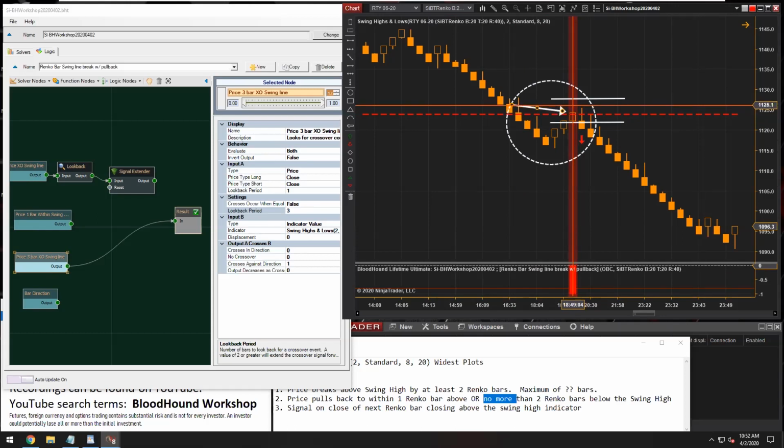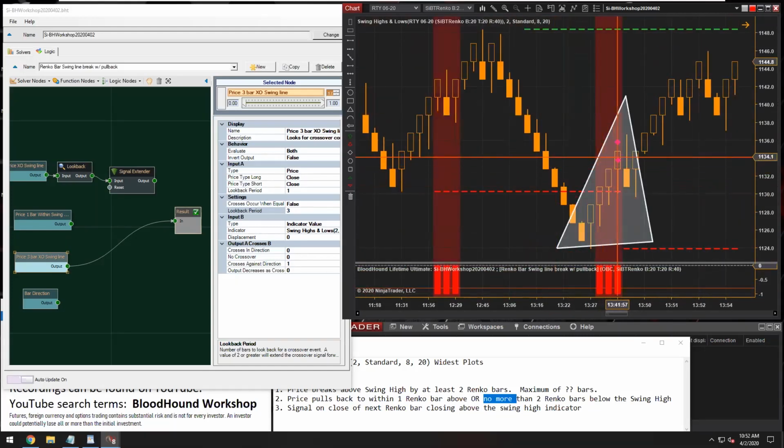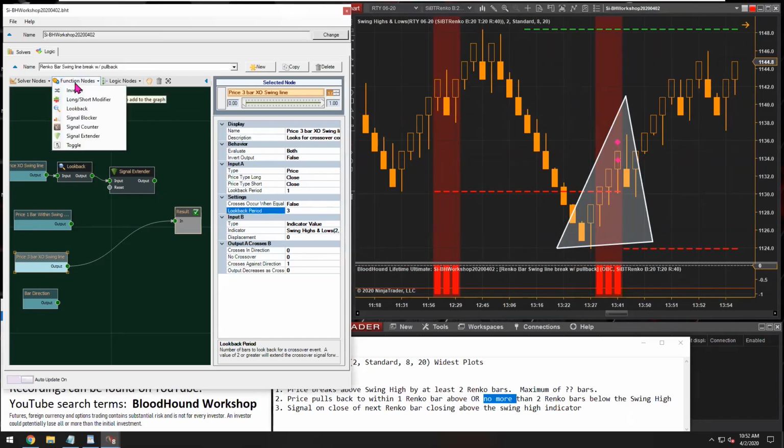We only got one signal bar from the crossover, so we didn't get three. When we get three, we want to know. We want to count that third one, and so we can now grab our look back node.